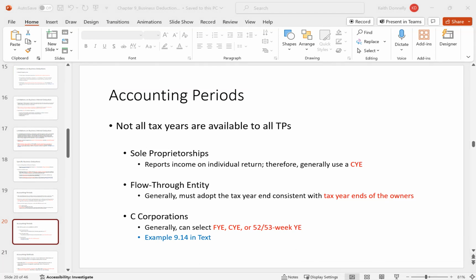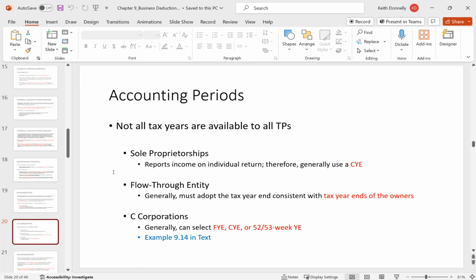Let me get this thing off the screen just to have it clear for you guys. So, as a general rule, if you're a sole proprietor, you have that Schedule C, you're self-employed, you're going to use a calendar year end. Whatever your tax year end, 12/31, is going to be the business's tax year end. Similar framework for partnerships and flow through entities, S corps.